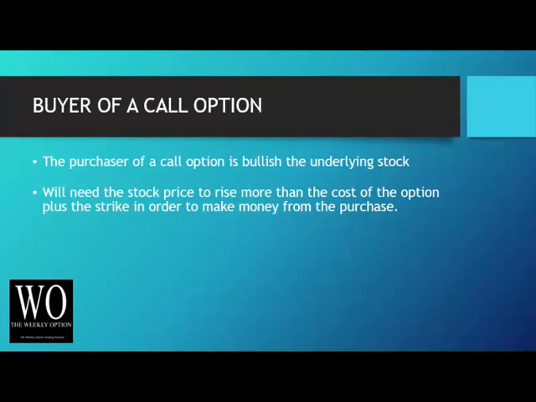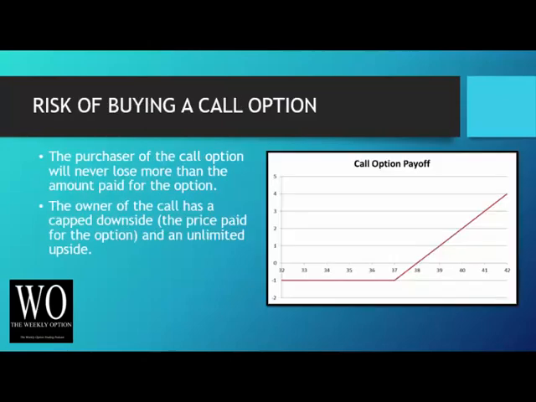The buyer will need the stock price to rise more than the cost of the option plus the strike in order to make money from the purchase. Now, here's the risk in buying a call option. The purchaser of the call option will never lose more than the amount that was paid for the option, which is great.